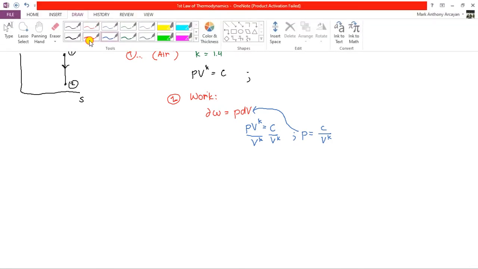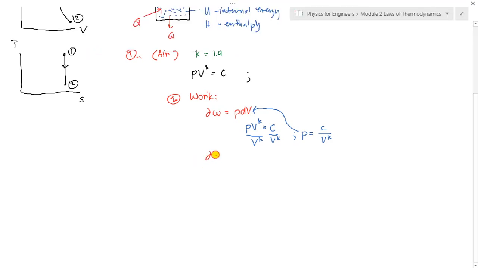So it now becomes dW is equal to C over V raised to K, dV.